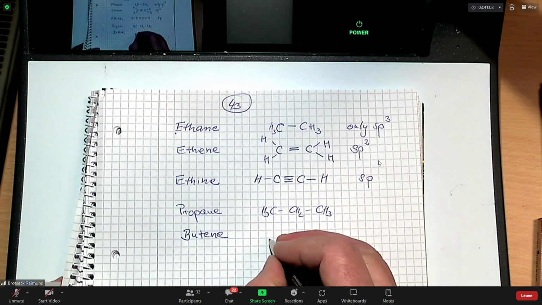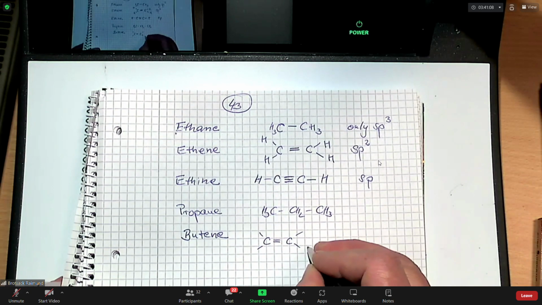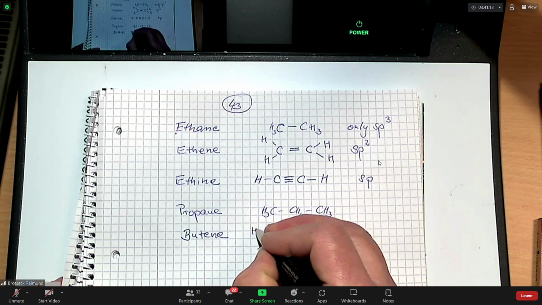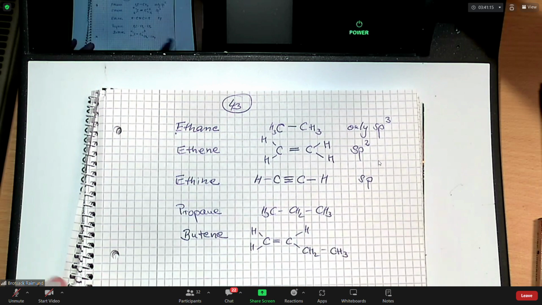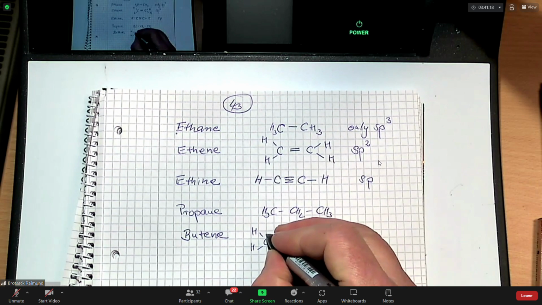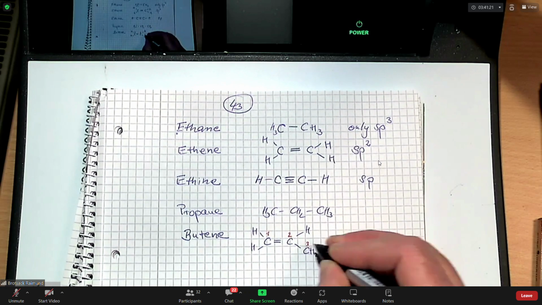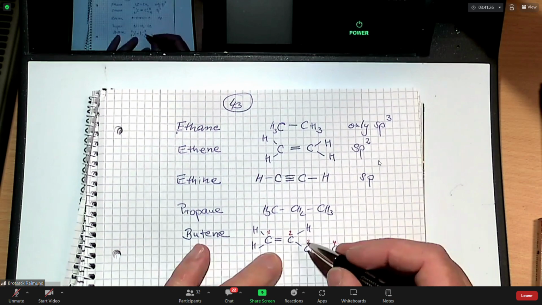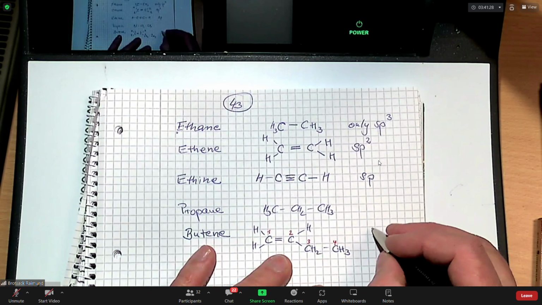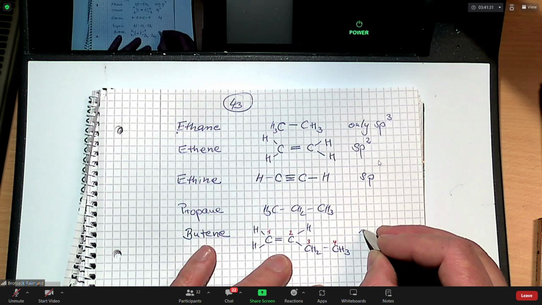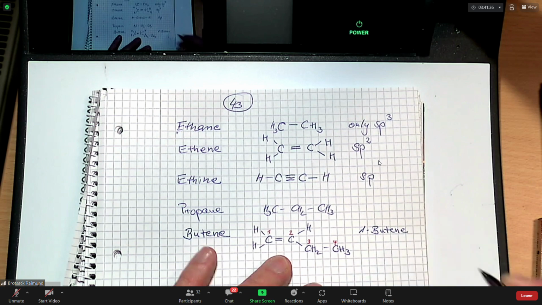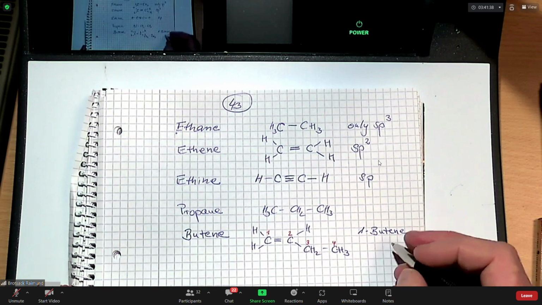Then we have CH2 double bond, CH, CH2, CH3. Then we count from 1, 2, 3, 4. This one is 1-butene, or even but-1-ene.